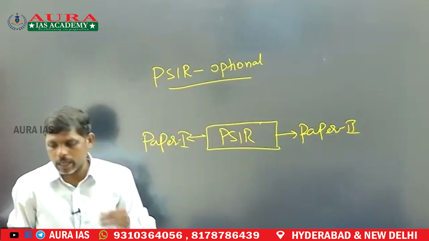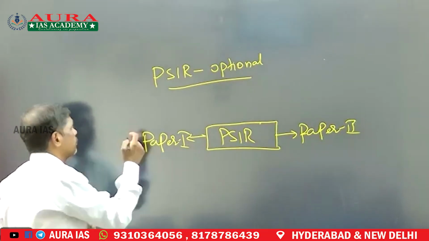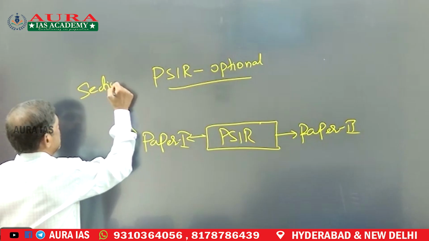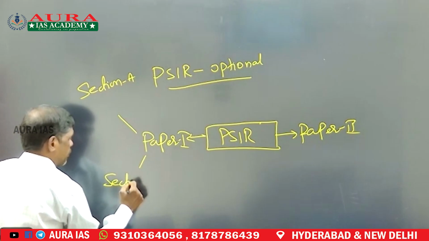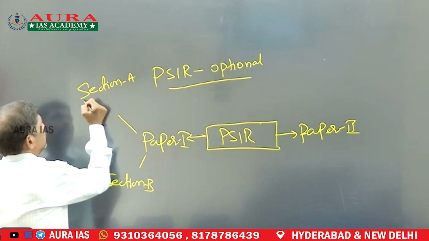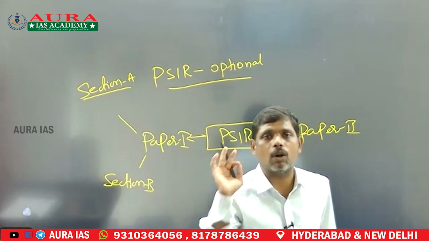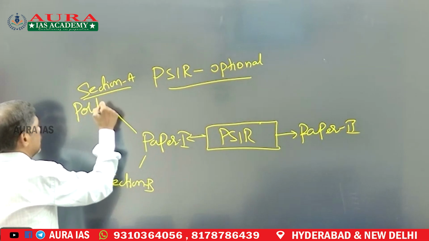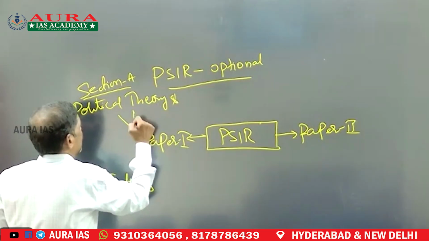If you look at the paper 1 syllabus, we have two parts: section A and section B. Section A deals with political theory and political thought.